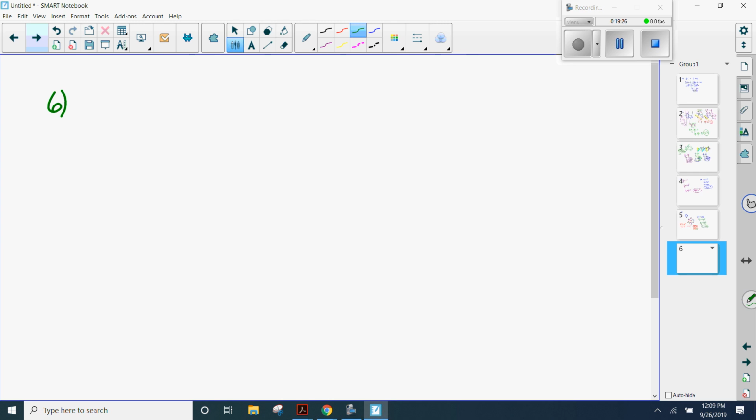Number 6, I've had several questions over this right here. Negative x to the 0 minus 4, and then we have plus 2. What you have to ask yourself is, what is the base? What is being raised to that 0 power?